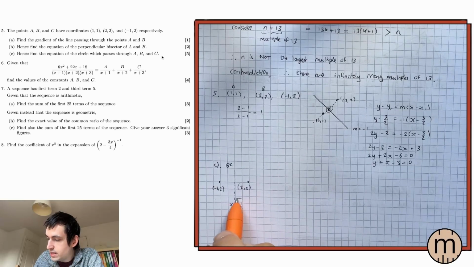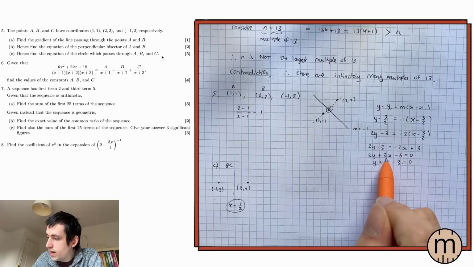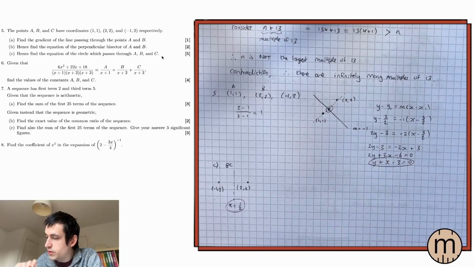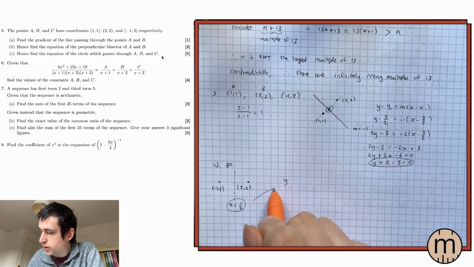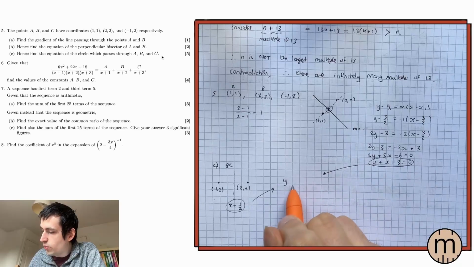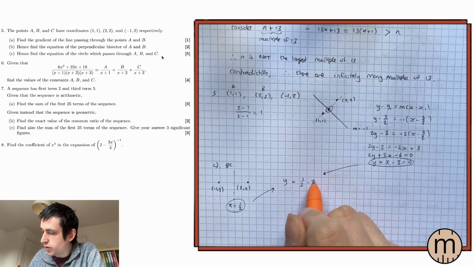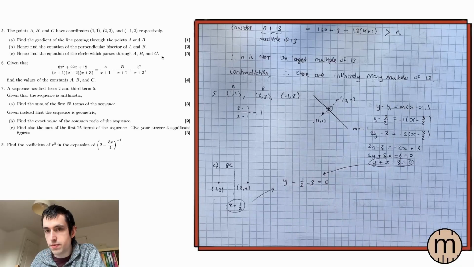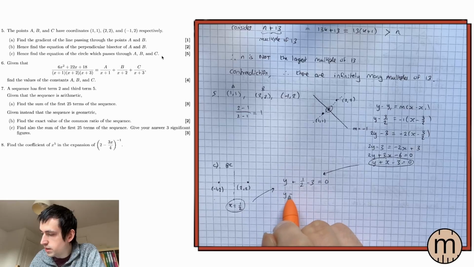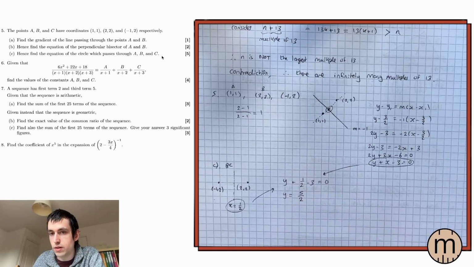So we've got x is equal to a half, and we've got y plus x is equal to 3, or y plus x minus 3 is equal to 0. Well, what if we combine those two together? If we combine those two together, we're going to get y plus a half minus 3 is equal to 0, which means that y is going to be equal to 3 minus a half, or 2.5, or 5/2.